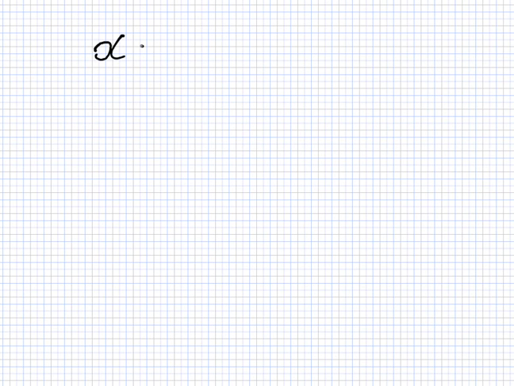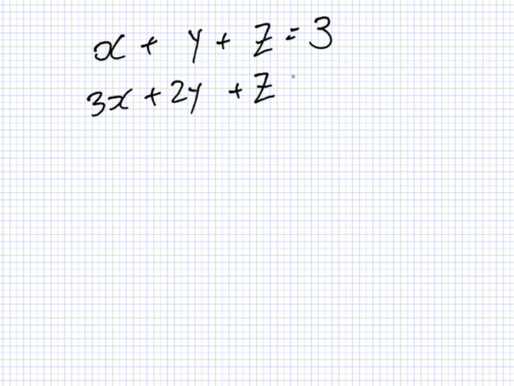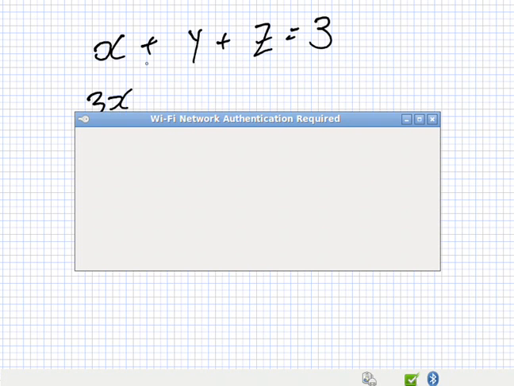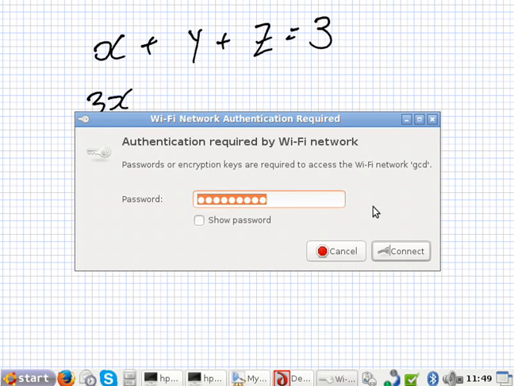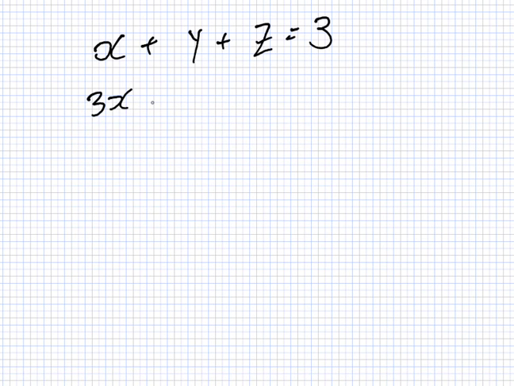Let's have an example. So let's say we have something like x plus y plus z equals 3. 3x plus 2y plus z equals 6. And then, let me make it a little bit more difficult. 3x plus 2y plus 3z equals 8.